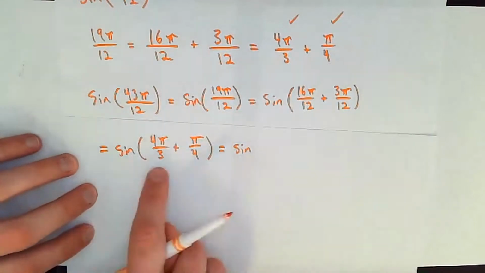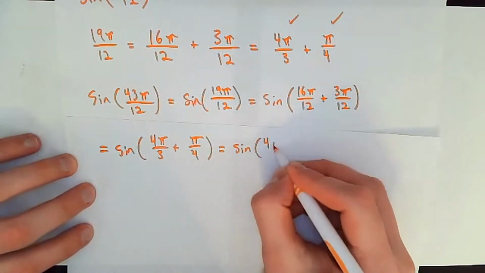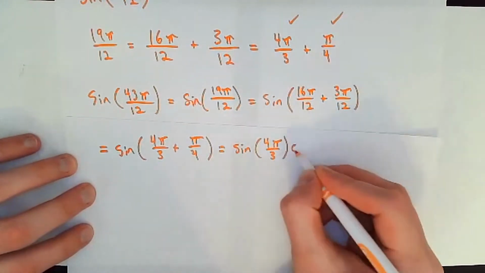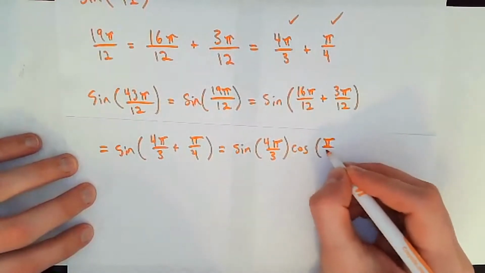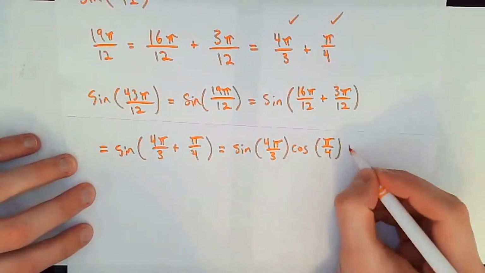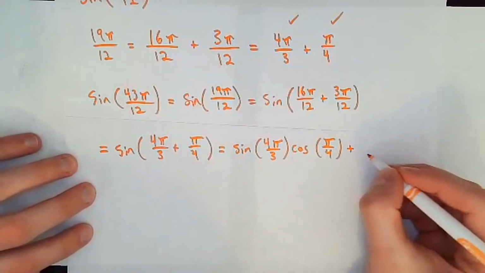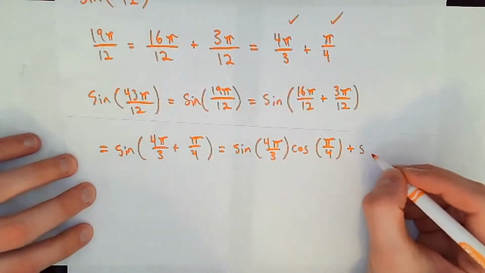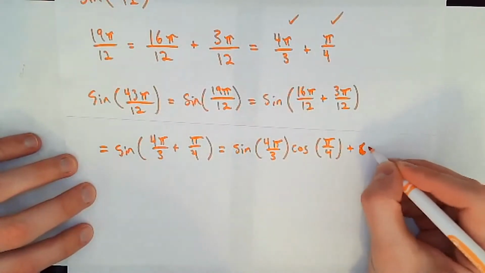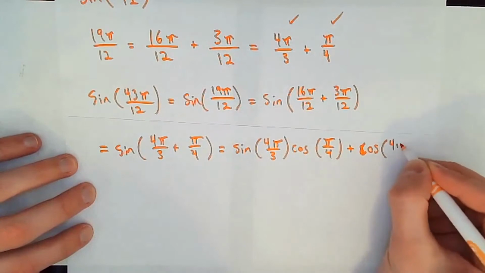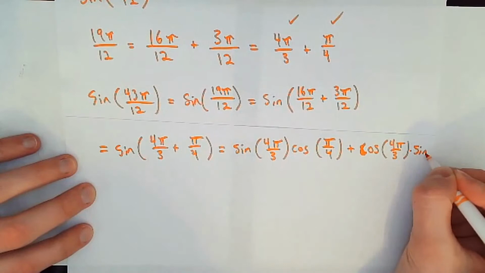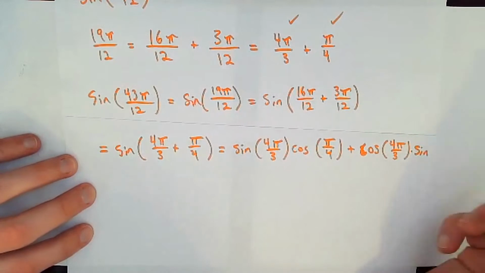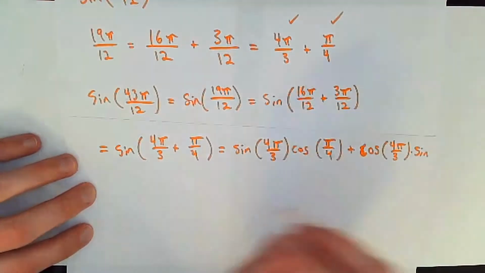It's going to be, for a sum, sine of 4 pi on 3 times cosine of the second angle, plus cosine of 4 pi on 3 times sine of pi on 4.